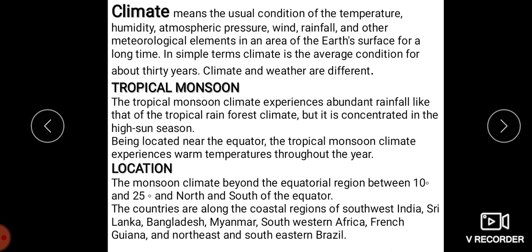The tropical monsoon climate experiences warm temperature throughout the year.